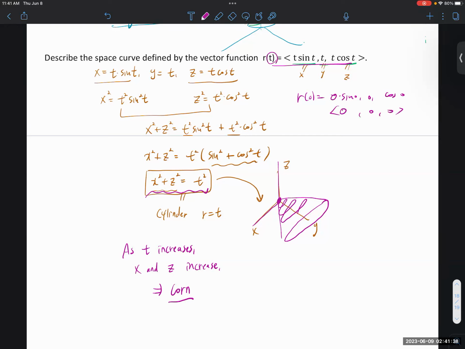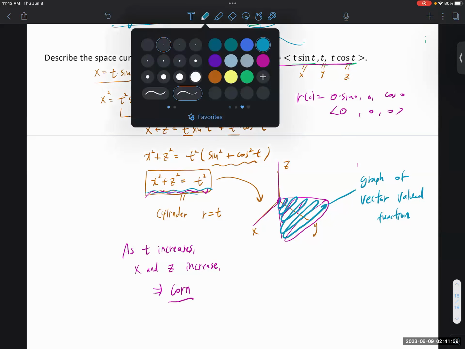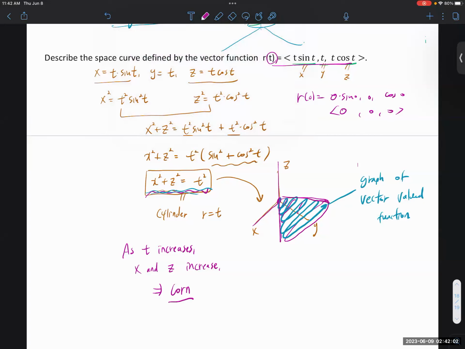And then as T is getting larger and larger, you will find out this is a spring inside, which means this is the graph, the blue one, graph of the vector valued function. And what happened? This equation is indicating what? The cone equation, okay?